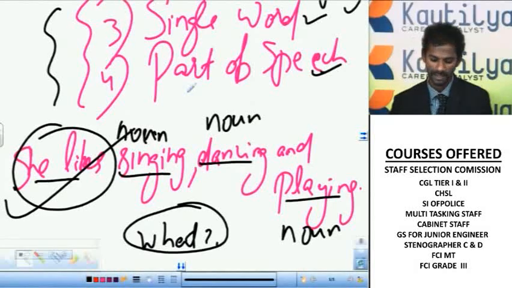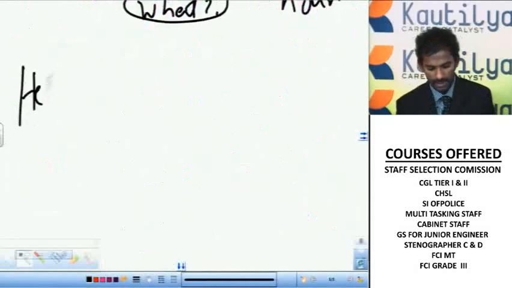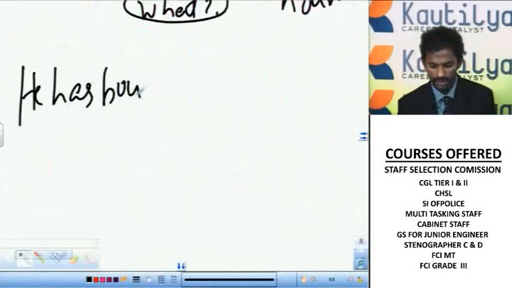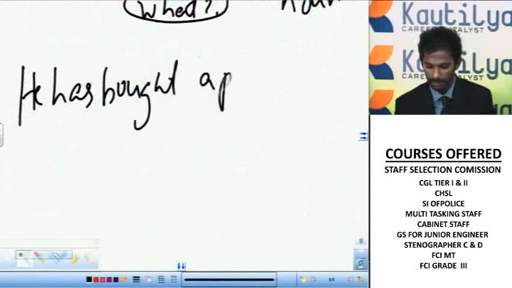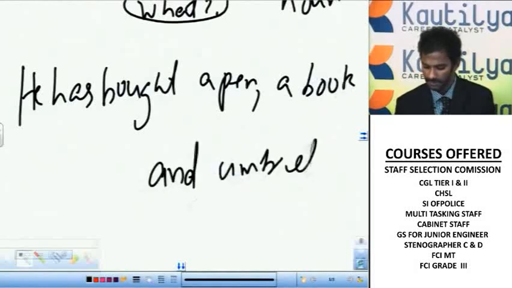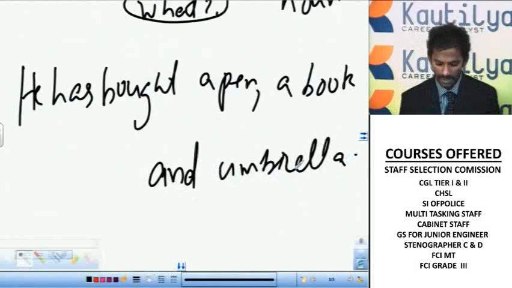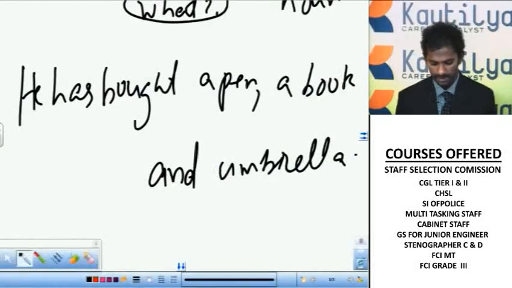Right? Fine. Now I go for a sentence like, he has bought a pen, a book and umbrella. How many ideas are there in this sentence?